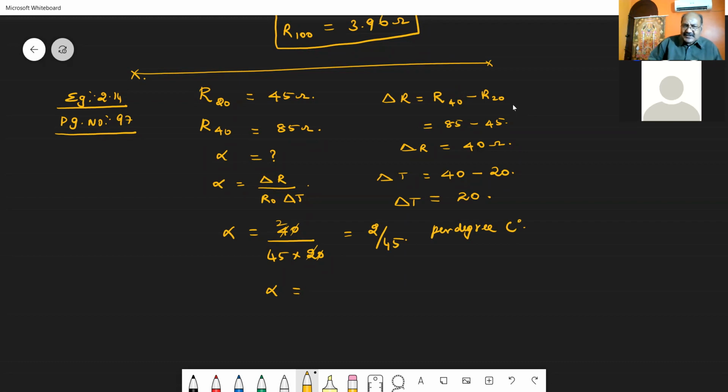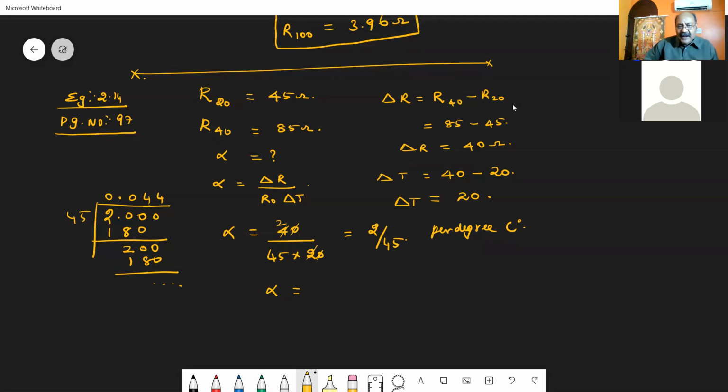If you divide 2 by 45, you will get 0.0 and so on, with the digits recurring.